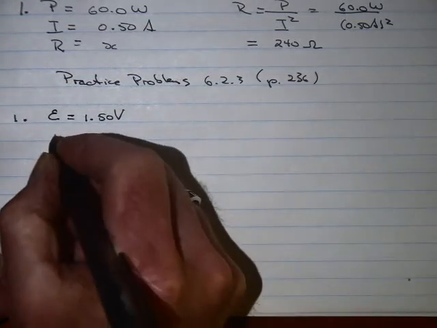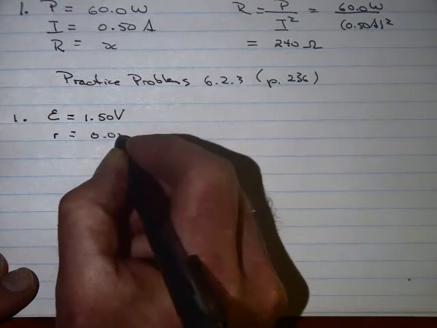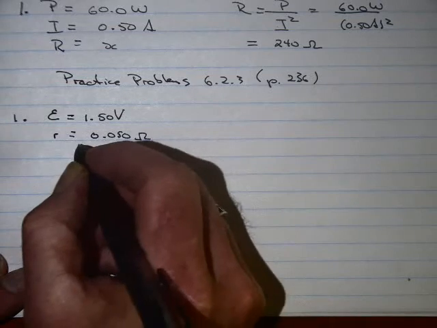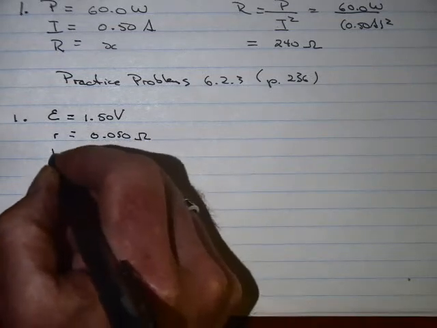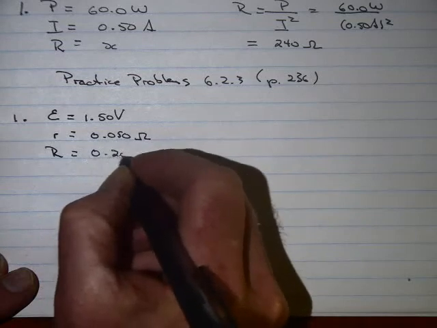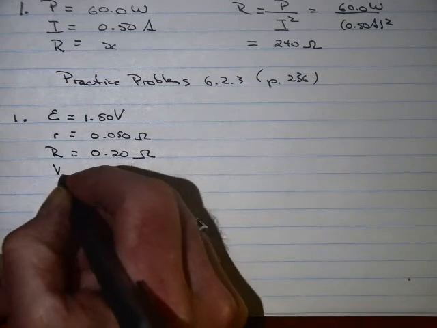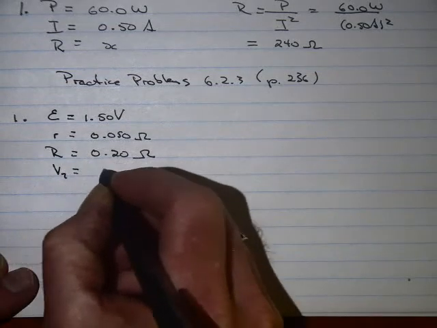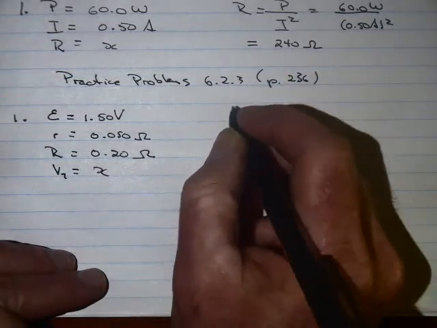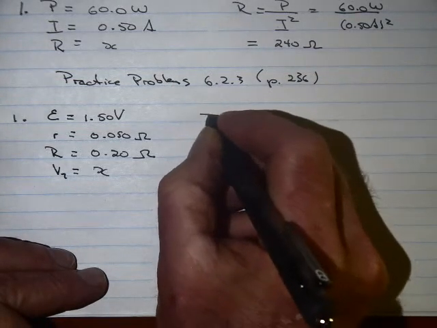We know that the internal resistance, the small r, is 0.050 ohms, and the resistance of the wire that tripped everything out is 0.20 ohms. And what you're looking for is terminal voltage, which is X.